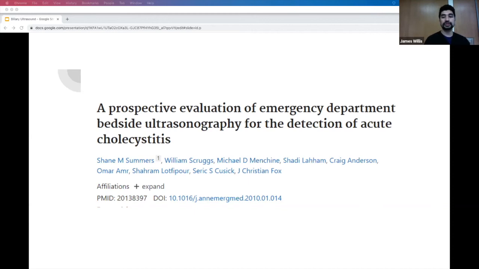They assessed for gallstones, again sonographic Murphy, and gallbladder wall thickness, in both bedside sono as well as the radiologic sono. And they compared it again to CT scan as well as MRCP. What they found was for bedside sono, the sensitivity was 87% and specificity was 82%. For radiology sono, the sensitivity was 83% and the specificity was 86%.